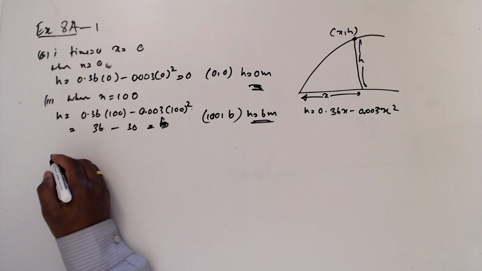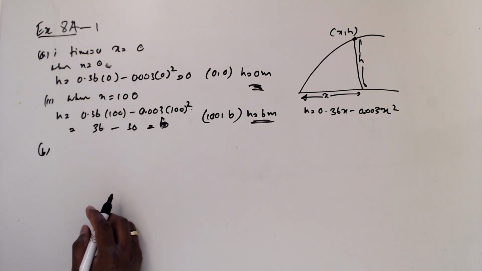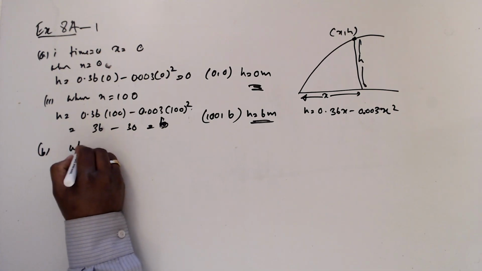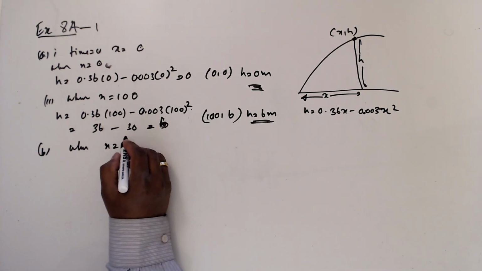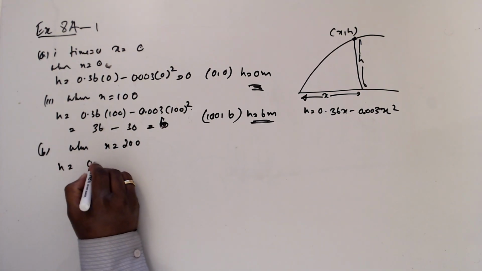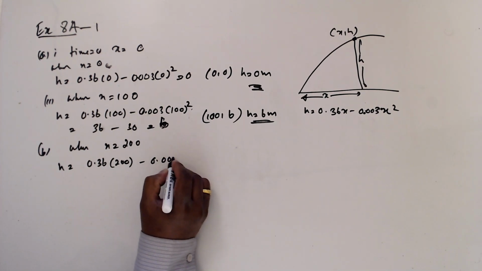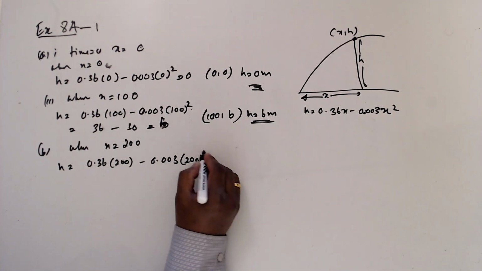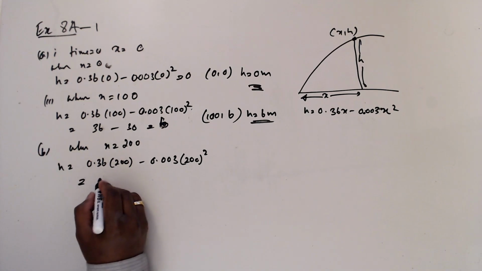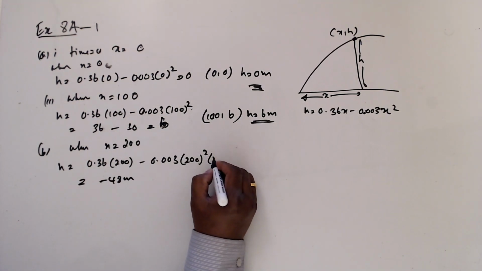And part B, use the model to predict the height of the golf ball when it is 200 meters from the golfer. So now when x equals 200, we can apply again 0.36 times 200 minus 0.03 times 200 square. The answer you will get is minus 48 meters.